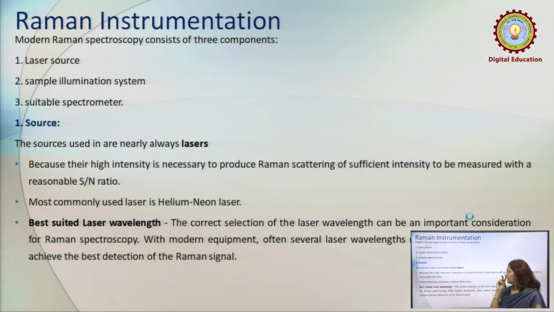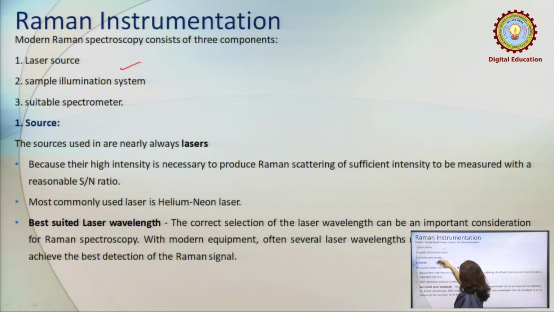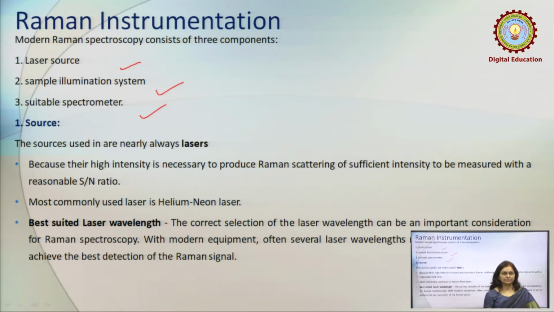Now, come to the Raman instrumentation. The modern Raman spectroscopy consists of 3 components: laser source, sample illumination system and a suitable spectrometer.